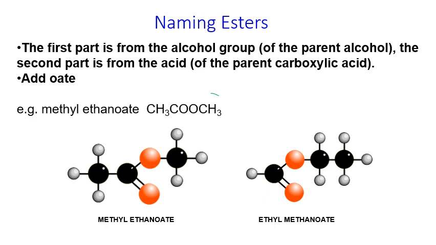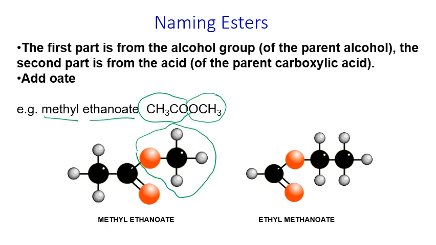So the first part here, the CH3O, is the methyl because it's come from methyl alcohol, methanol, and the second part is going to come from the ethanoic acid. Okay, so structural diagram here. This part here comes from the primary alcohol.